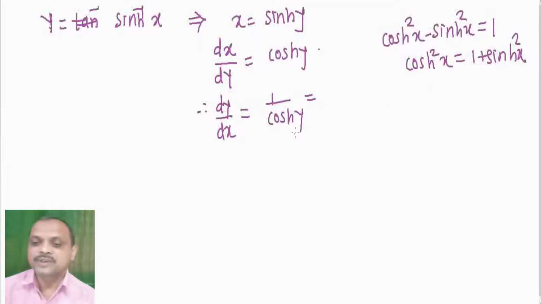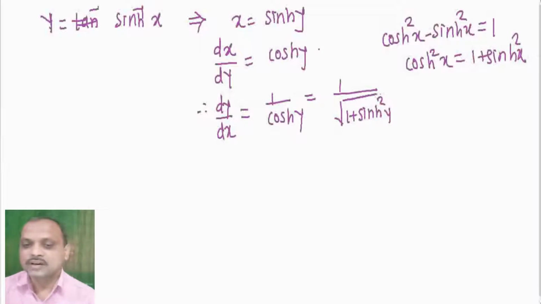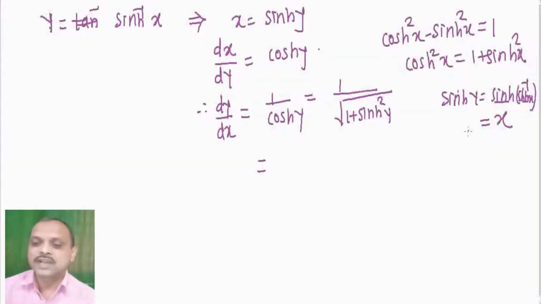Therefore we replace the term with 1 divided by under root of 1 plus sinh square y, and since y is equal to sinh inverse x, this is equal to 1 divided by under root of 1 plus x square.